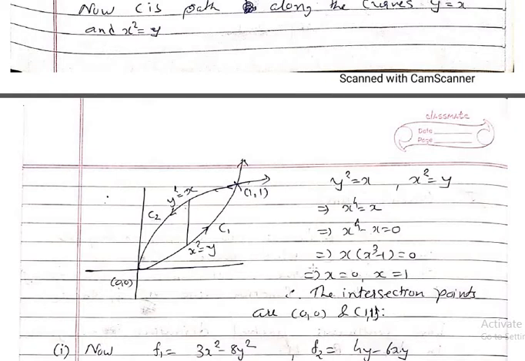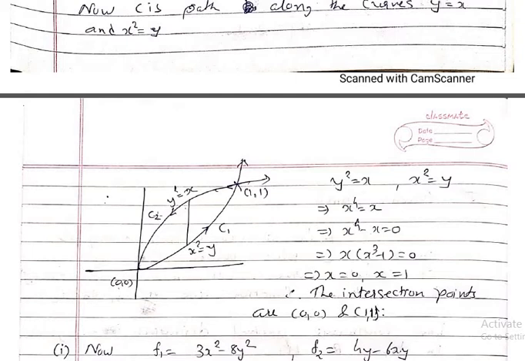So x and y are real. If x is 0, then y is 0. And if x is 1, then y is 1. So you put it in either equation. That means you have two intersection points: the first one is 0, 0 and the second one is 1, 1. That means you have these two intersection points for the curves. So you have two curves C1 and C2.